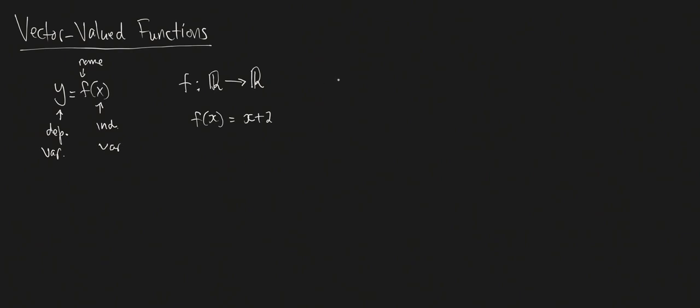So here's another example of how it might be. Maybe I have a function that is only defined on the positive or the non-negative real axis, so like from 0 to infinity. And what I would hope to get out of that, let's say, is, again, real numbers.